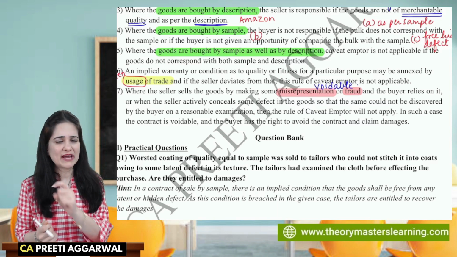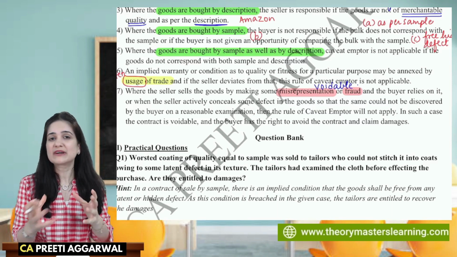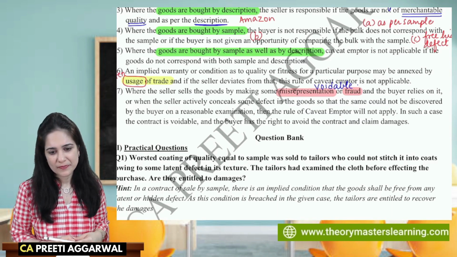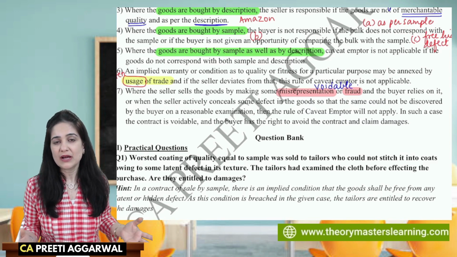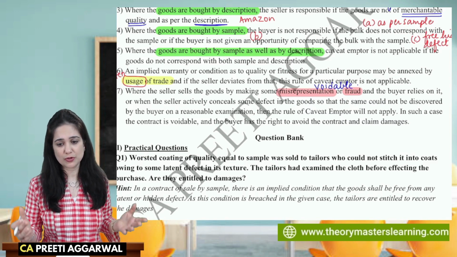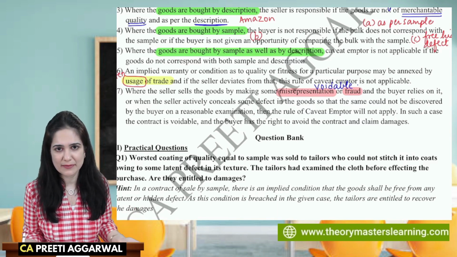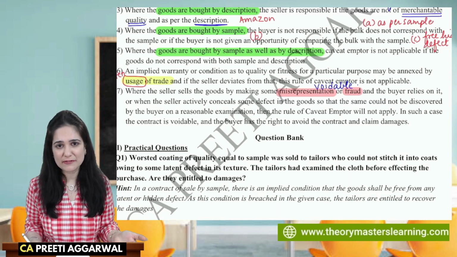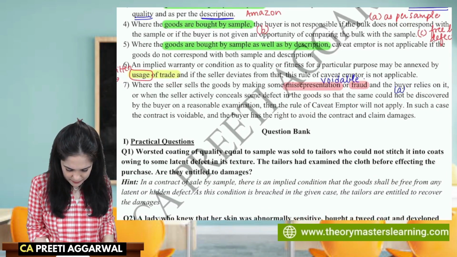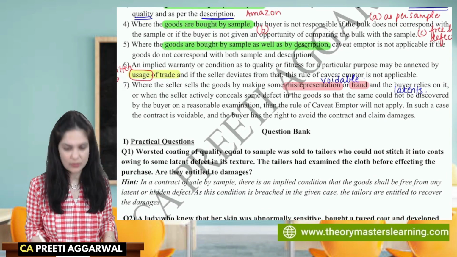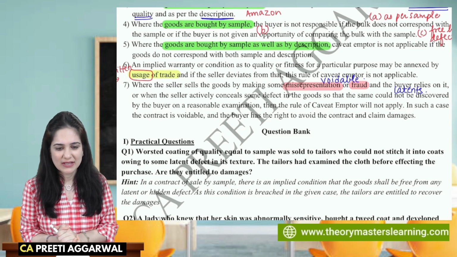Do you remember we had discussed that active concealment amounts to fraud? So if you actively conceal, or it is some defect which could not be discovered by the buyer on reasonable examination, again it is talking about hidden defects, latent defects. These are all indications of fraud.